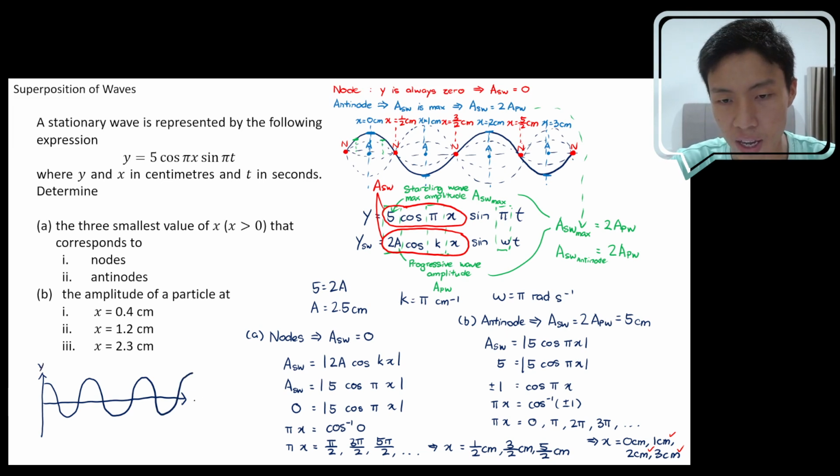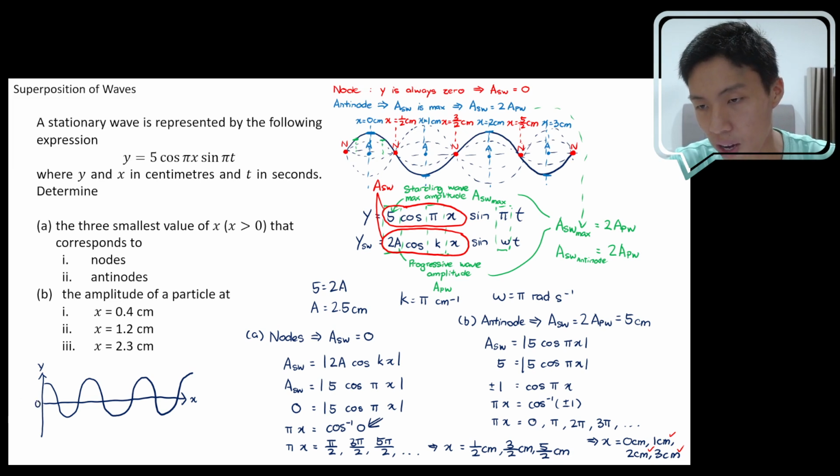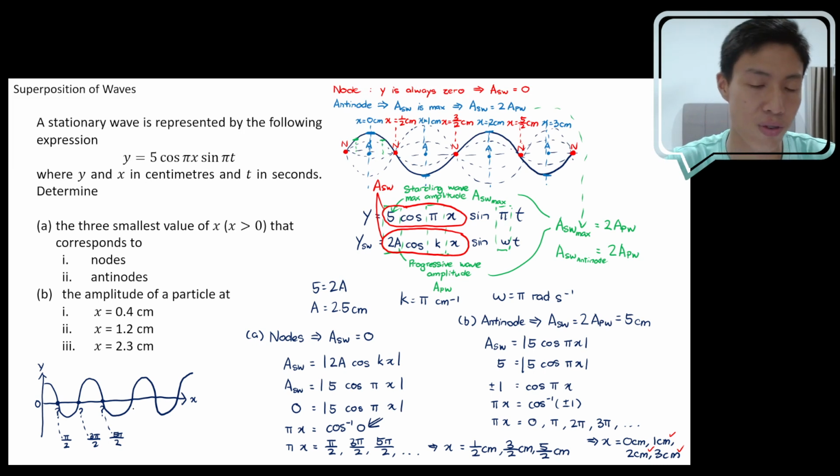Y and X. What inverse cos of 0 means is that if y is equal to 0, what is x? What are these values over here? Your calculator will only give you the first one, which is pi over 2. But there's also other values, which is 3 pi over 2. There's 5 pi over 2 as well. So you need to refer back to your cosine graph in order to determine the first 3 values.